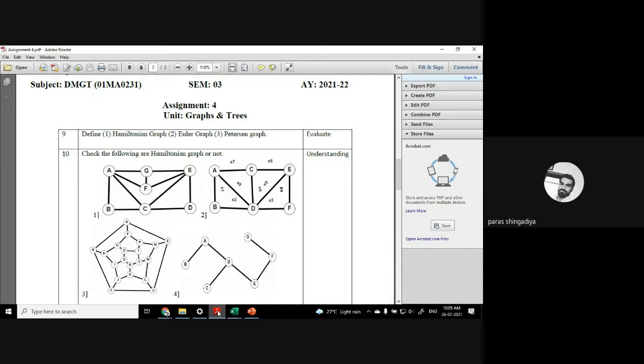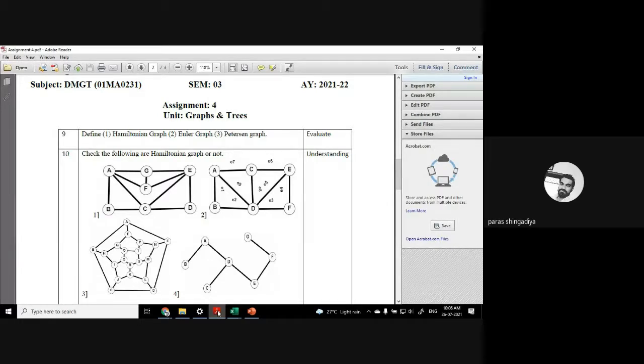Then if it is a Hamiltonian graph, also write the Hamiltonian cycle, the Hamiltonian circuit you have to follow, which includes every vertex exactly one time. If it is Hamiltonian, also mention the Hamiltonian cycle, and if it is not Hamiltonian, just write the conclusion: this does not include a Hamiltonian circuit, so therefore it is not a Hamiltonian graph.